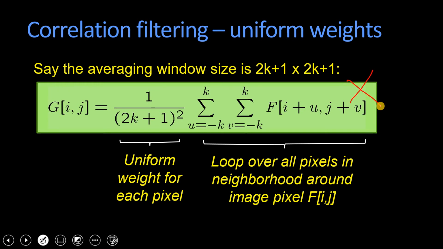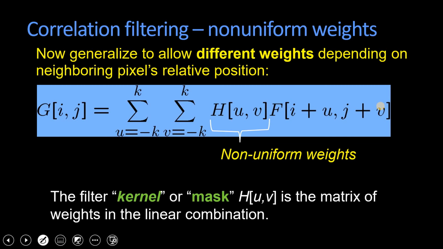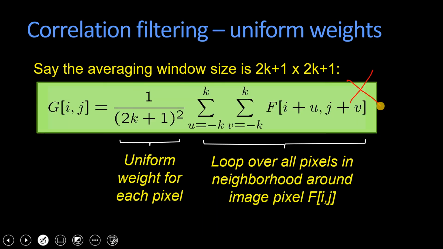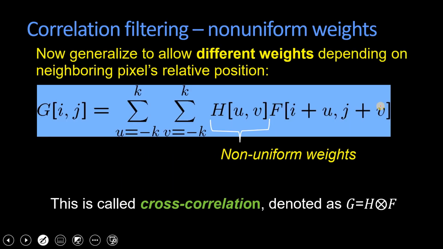Correlation is basically like this, where you take one signal and move it over another signal. So it is called correlation or cross correlation. If you have two signals, for example, F is your image and H is your small window. This is your window signal. In the previous case, it was the 3x3 window.